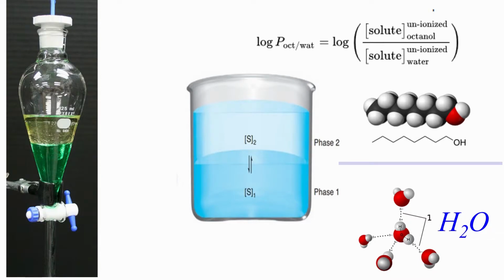If our compound doesn't go to octanol at all, usually it will not be coming from stomach to bloodstream. On the other hand, if it's too fatty, so it has very large log P, usually it will have very low solubility in water, and it will stay in tissue, so it will not come to bloodstream as well.